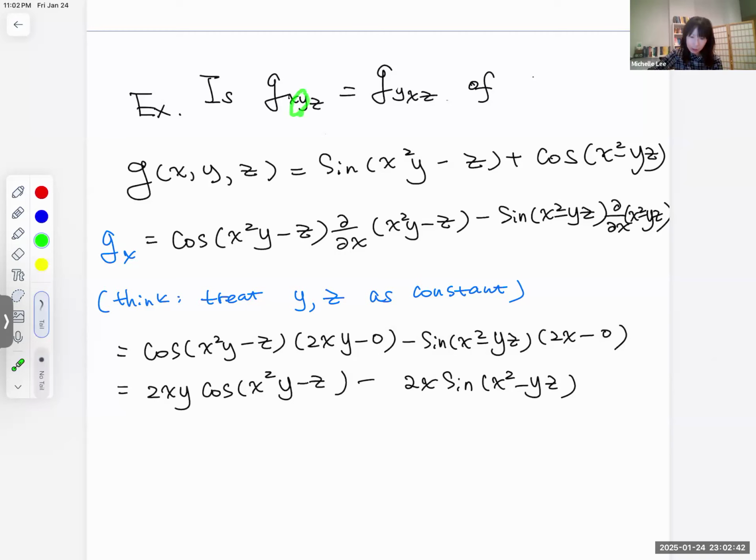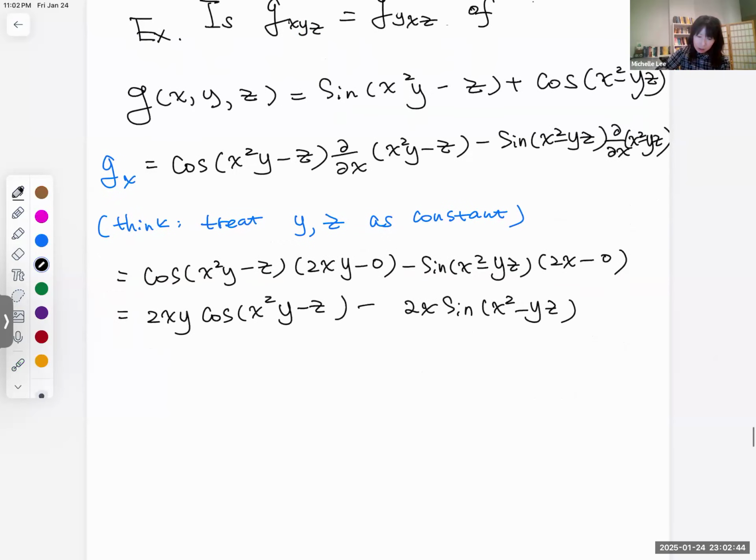Second one, derivative with respect to y. So the partial derivative with respect to y: treat xz as a constant, right?